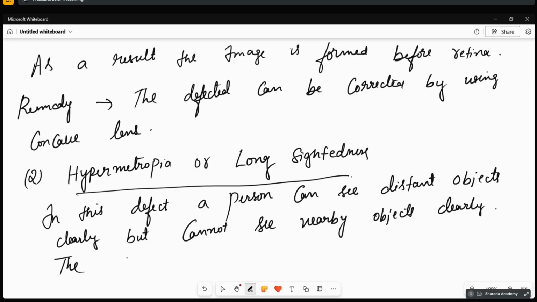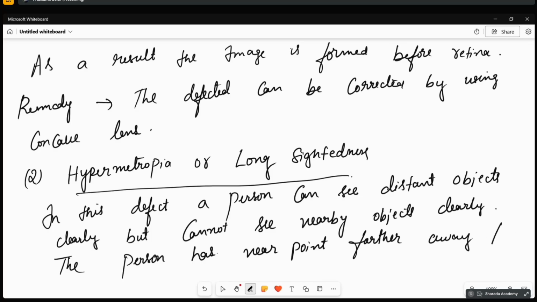The person has the near point farther away from the normal near point.